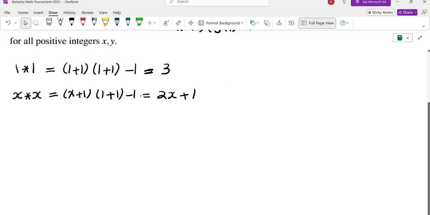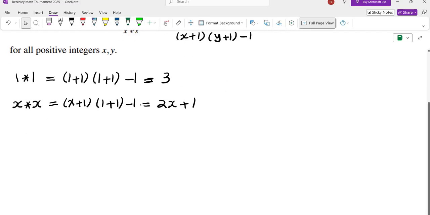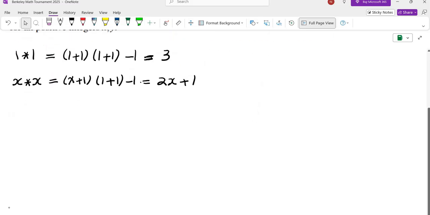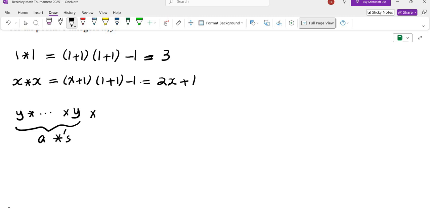Now the next thing that I notice is that if I look at the left-hand side of this equality, I can use associativity of this binary operation, and I can break down this expression into two different pieces. For example, if I have y star y, and I take this one a times, so a stars here, and I star this one with y star y, and then I have b stars here, I can evaluate this one in two different ways.